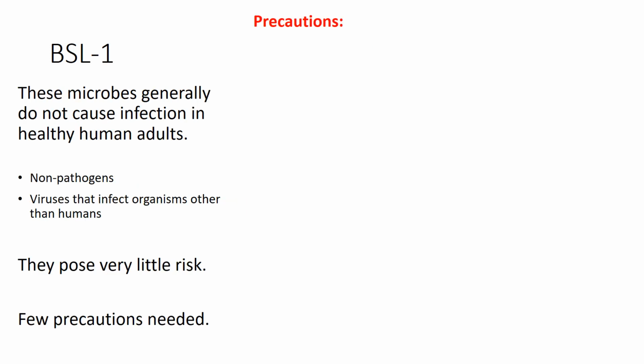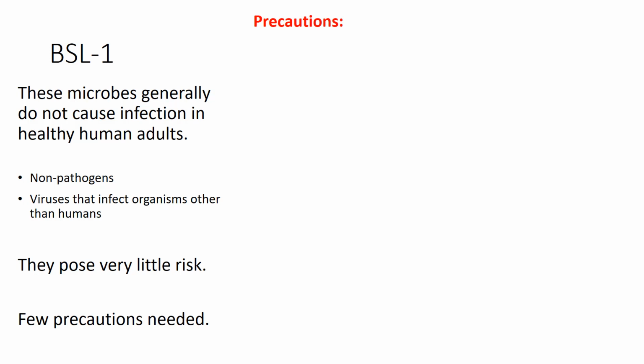So let's start with BSL-1. So I have here a definition, this comes from your textbook, that these microbes generally do not cause infection in healthy individuals. And the key word here is healthy human adults. So healthy. So you have to have a strong immune system.